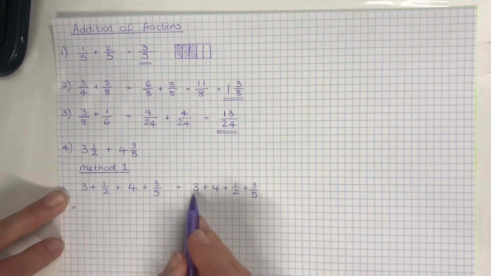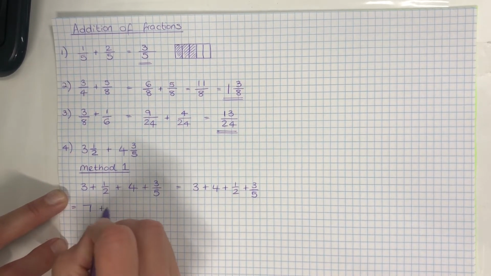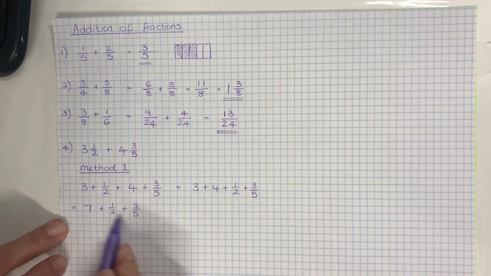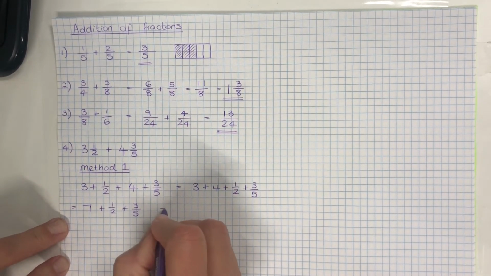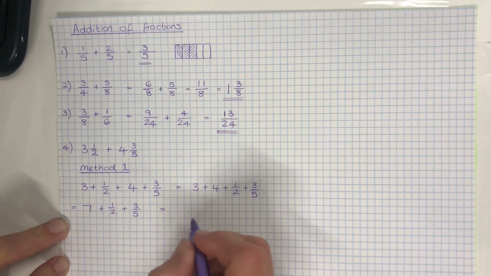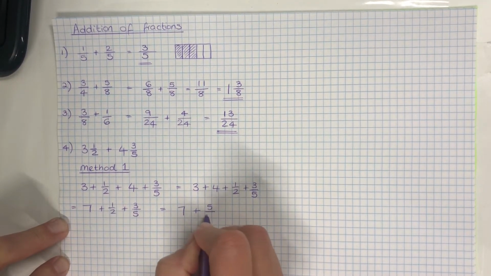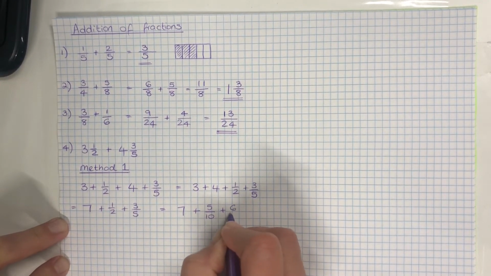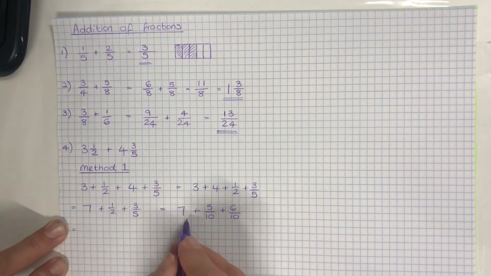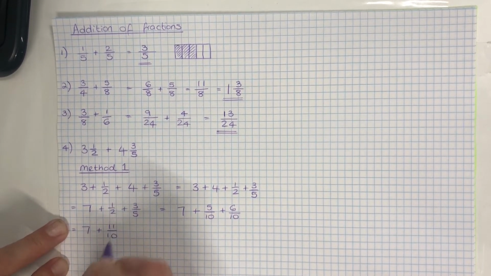Okay, I know that 3 plus 4 gives me 7. And now I've got 1/2 plus 3 fifths. I need to find a common denominator. In this case, my common denominator is 10. So I've got 7 plus 5 over 10 plus 6 over 10. That is now going to give me 7 plus 11 over 10.